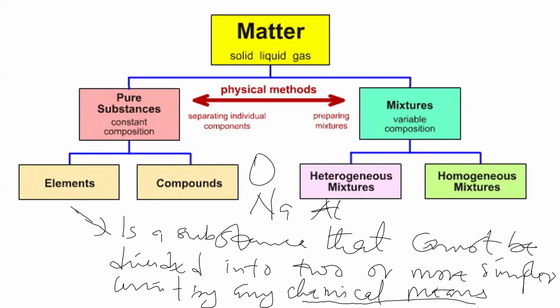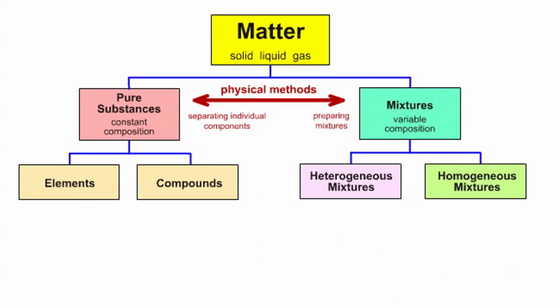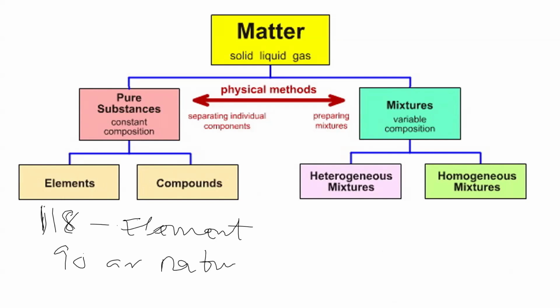And of course, currently now, with a lot of discoveries, we have about 118 elements. Out of these 118 elements, 90 are natural, while the remaining 28 are artificial.